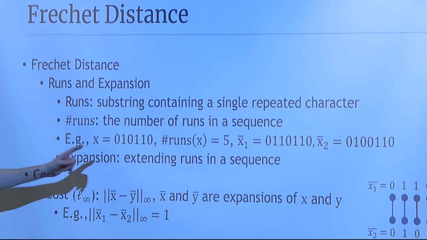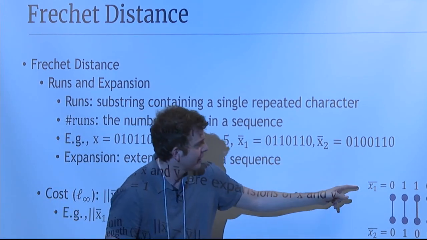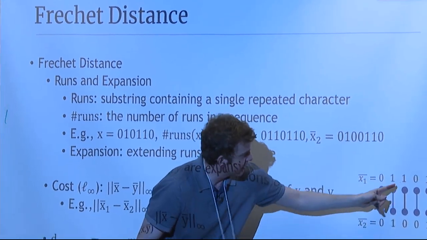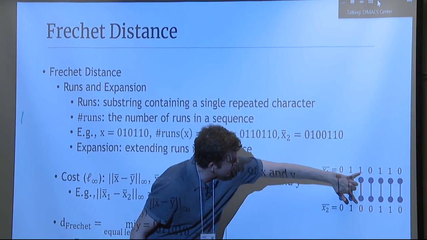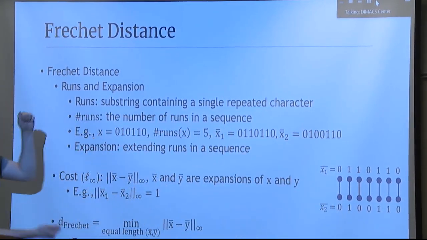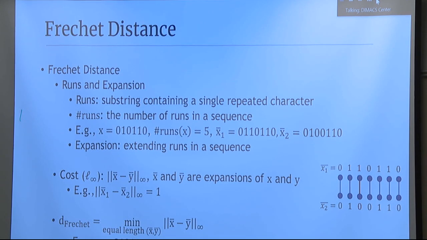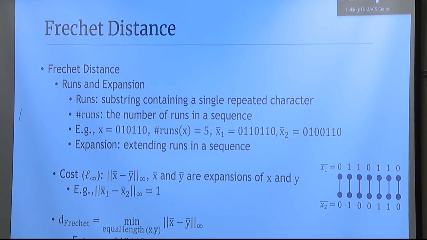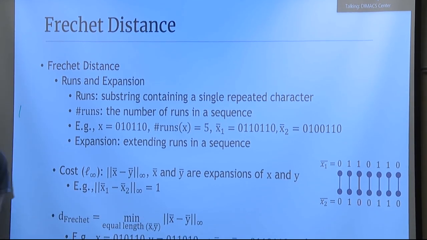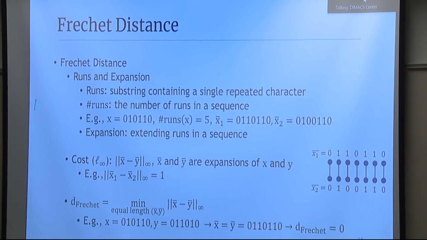For this simple example of two expansions, I've drawn them here, and they differ on this one coordinate. So the L infinity distance is 1, the max difference of any coordinate. And the Frechet distance is just the min over all equal length expansions of this L infinity distance.